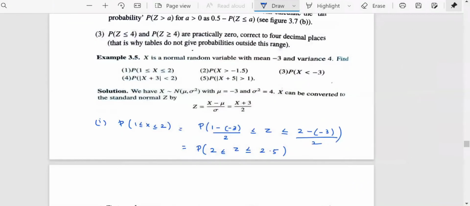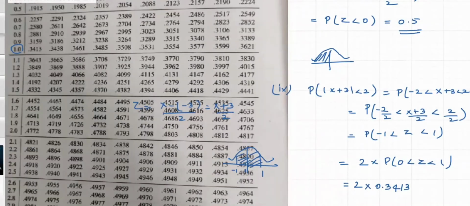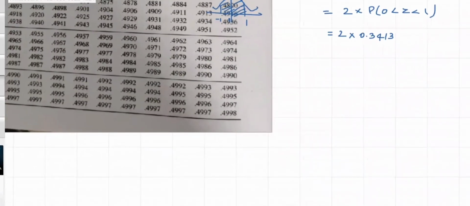Now, moving to the last part, probability that mod of x plus 5 is greater than 1.